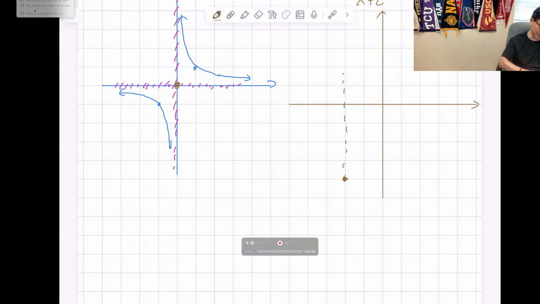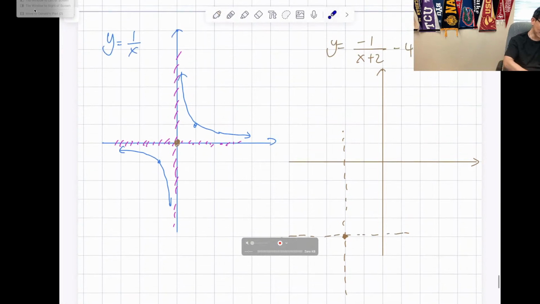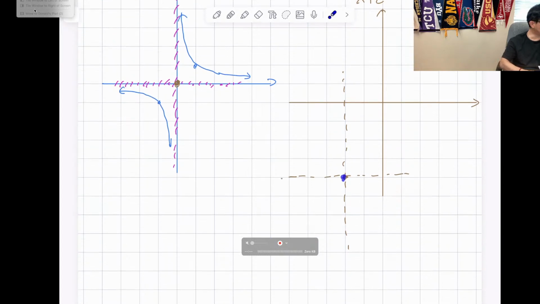You're gonna draw a dotted line here, and a dotted line here. Now the problem is this one has a negative sign, so instead of 1 this is a negative 1, so it reflects toward this particular point. So instead of the first and third quadrant, it's gonna be second and fourth. So the graph's gonna be like this, and this is gonna be like this. Does that make sense for everybody?